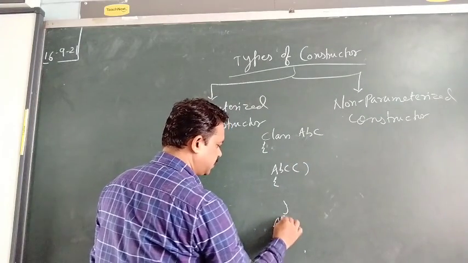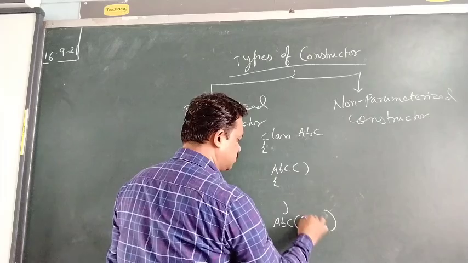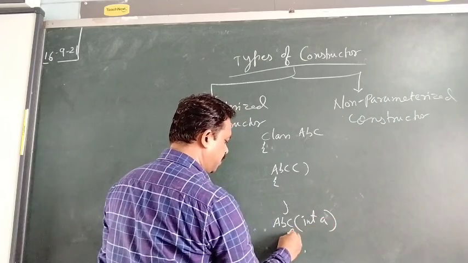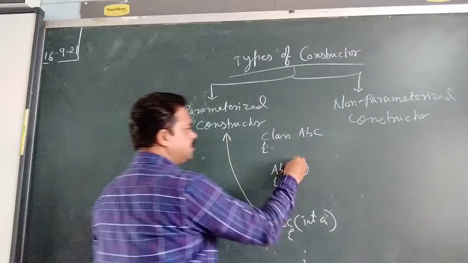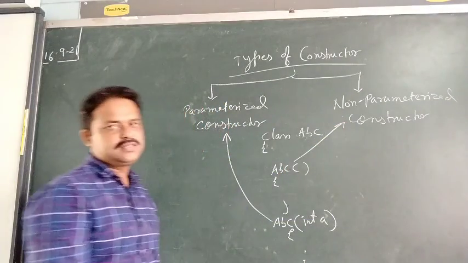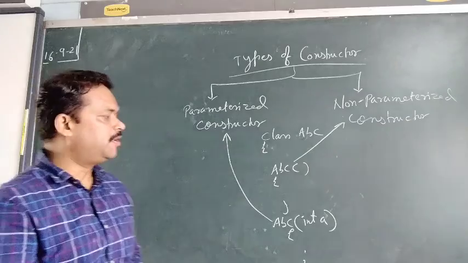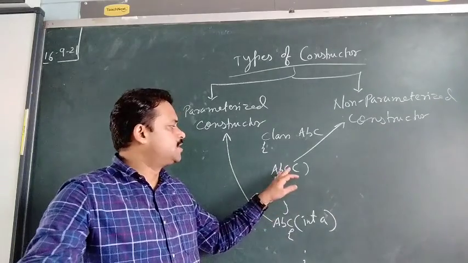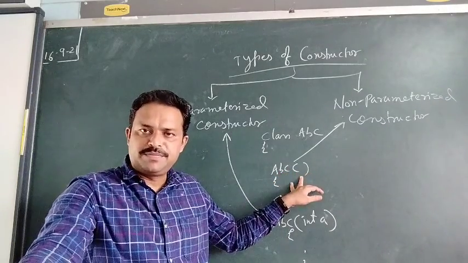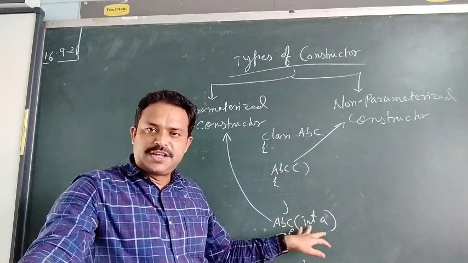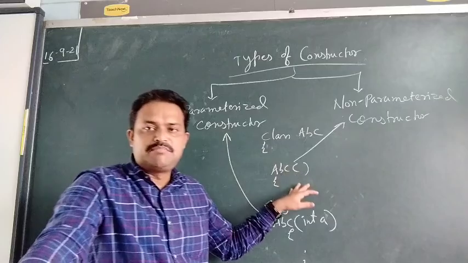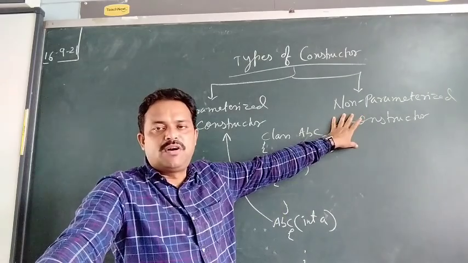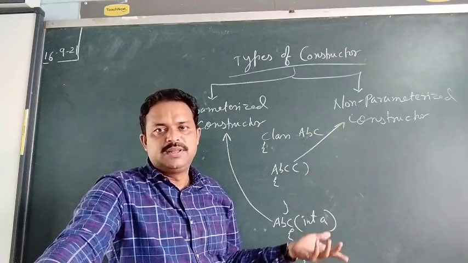If you are making a constructor ABC with a parameter, suppose int A, then this is the parameterized constructor. So a constructor which contains a parameter is called a parameterized constructor, and one which does not contain parameters is called a non-parameterized constructor.